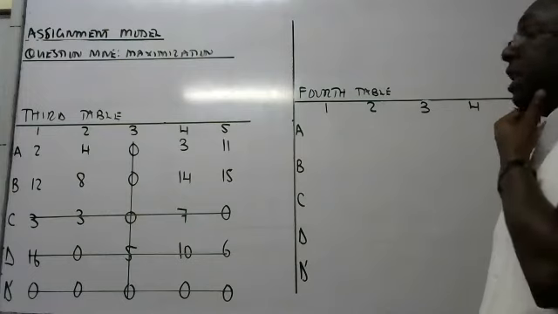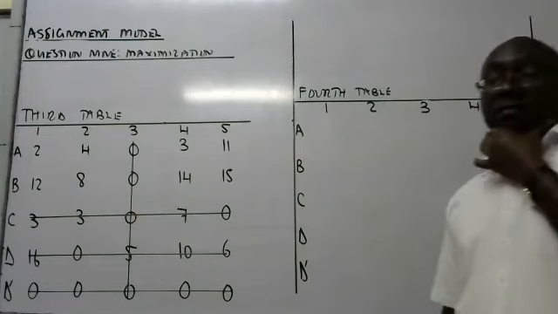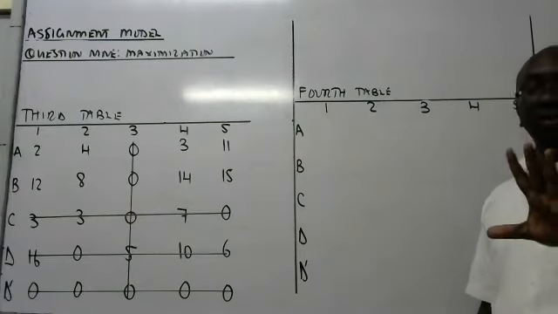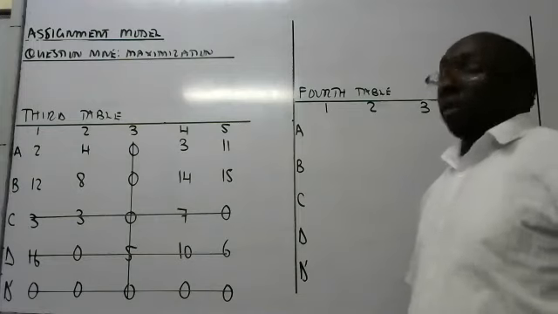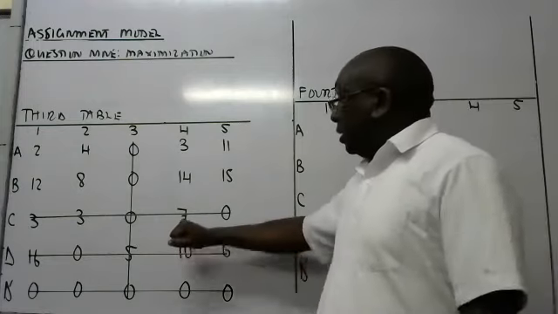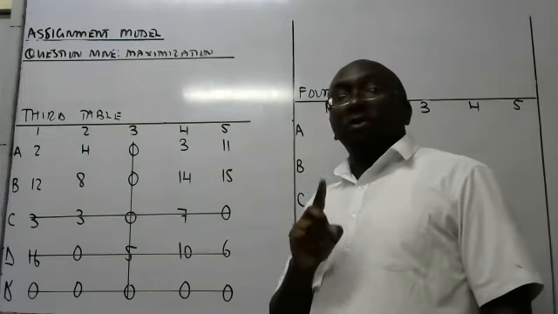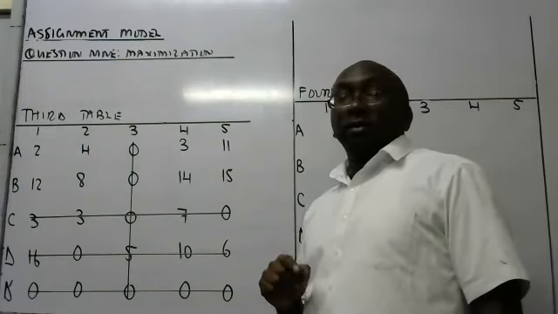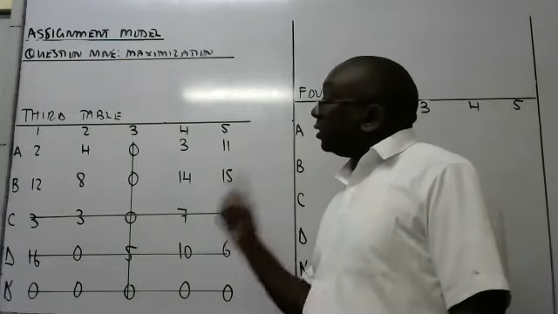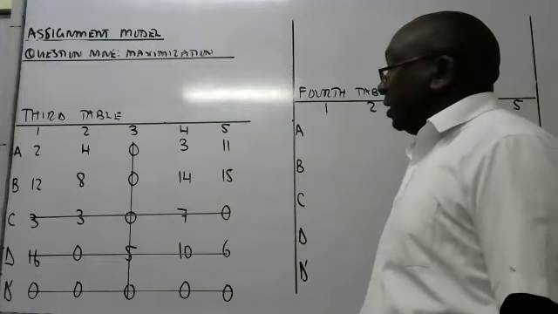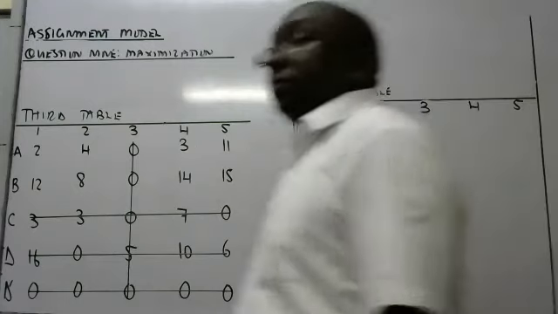In the 4th table, I've told you there are 4 things that you need to do. One, you pick the smallest value that is not crossed over. The smallest value not touched by a line is 2.